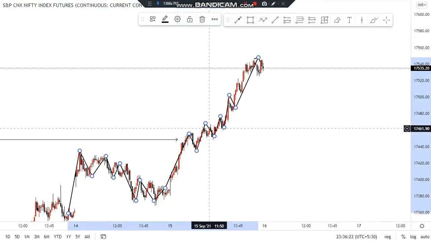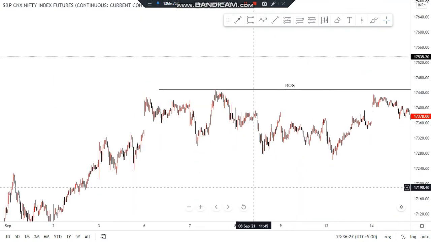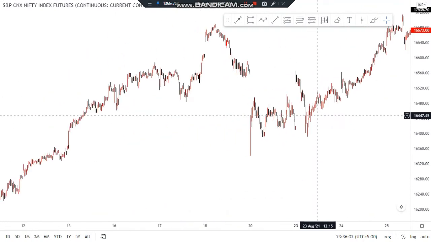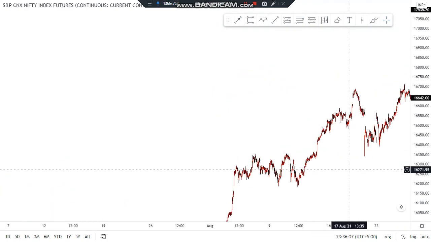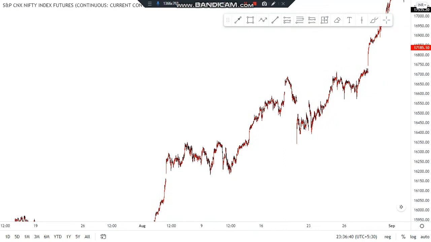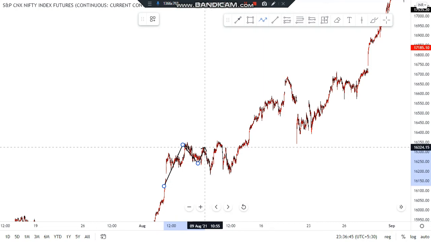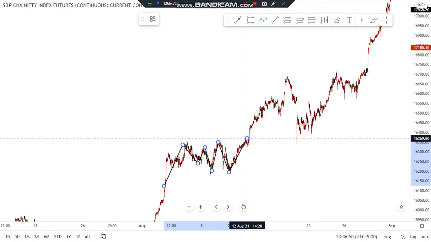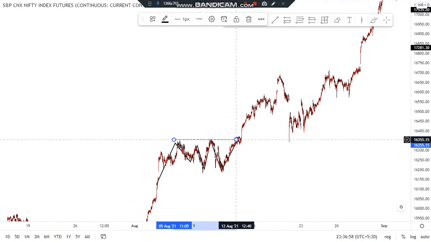Now if I'm taking another example, okay, so here also uptrend, consolidation or sideways market, broke. Okay, so now when the structure is broken, the trend is likely to come, which will be an uptrend in this path.